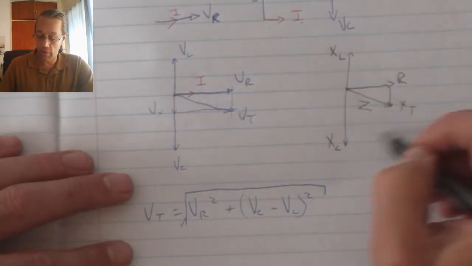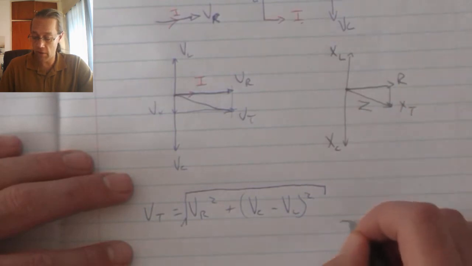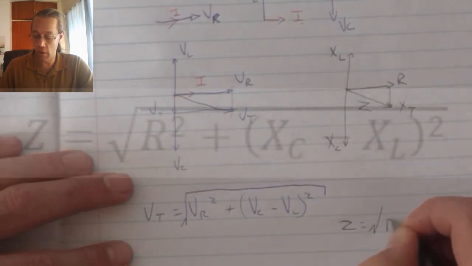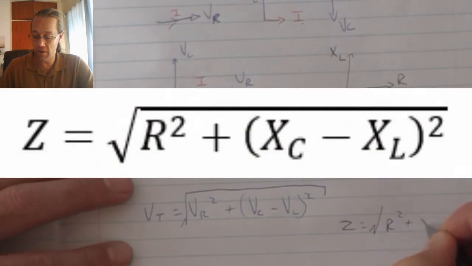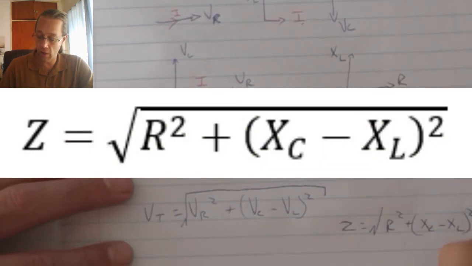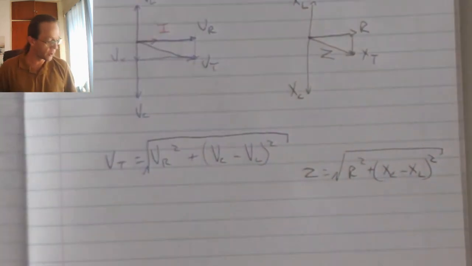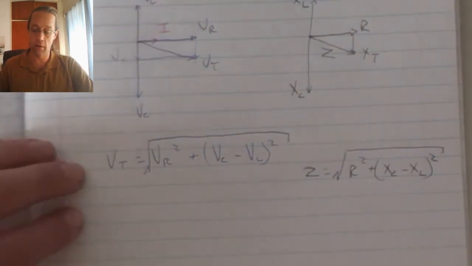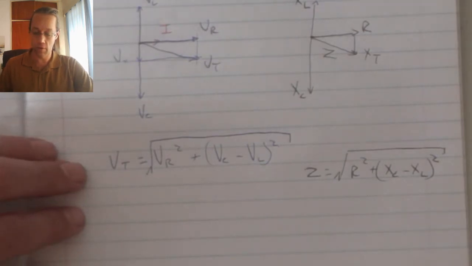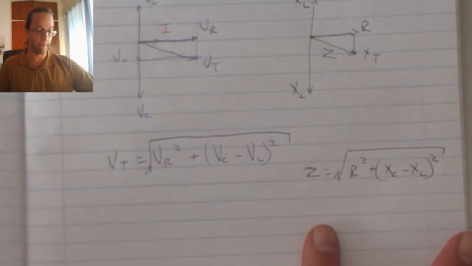And then for the impedance, the same, Z is equal to R squared plus XC minus XL, that one squared, and then rooted. You can also use Ohm's law to calculate the effects over there.